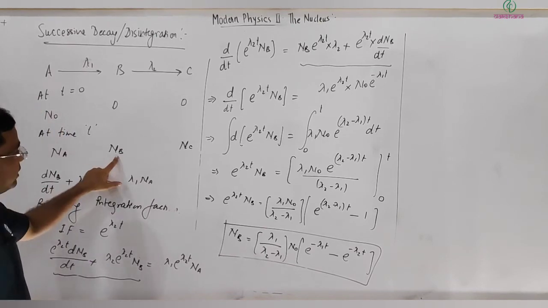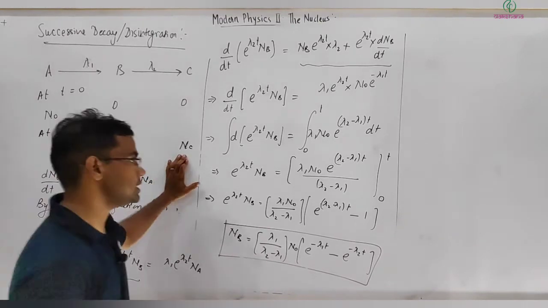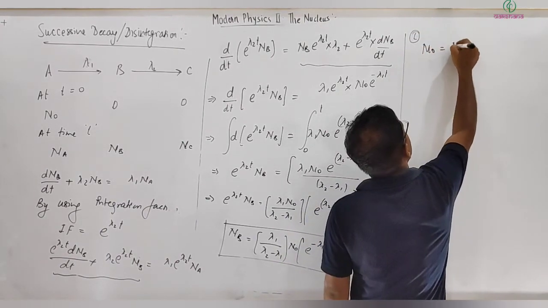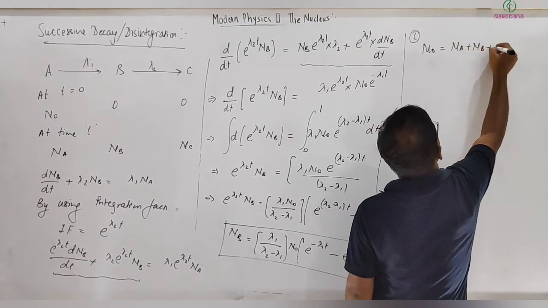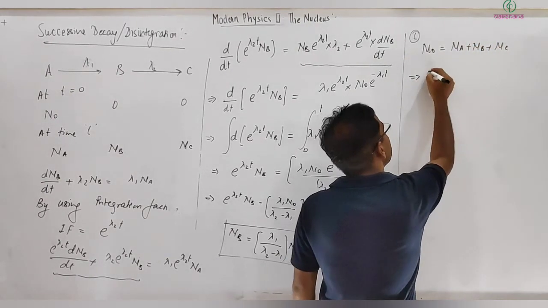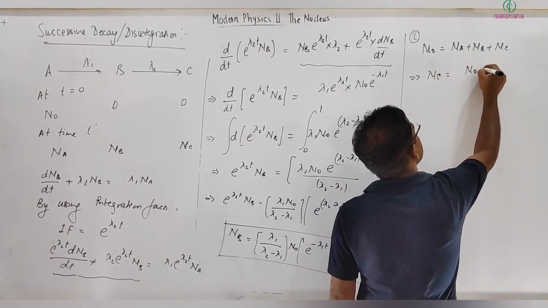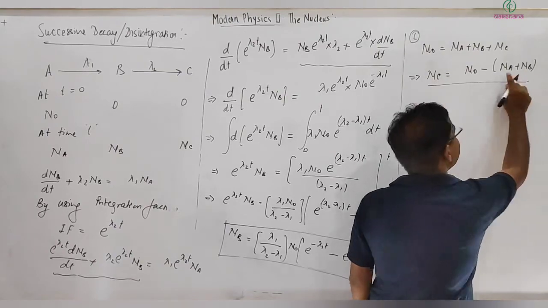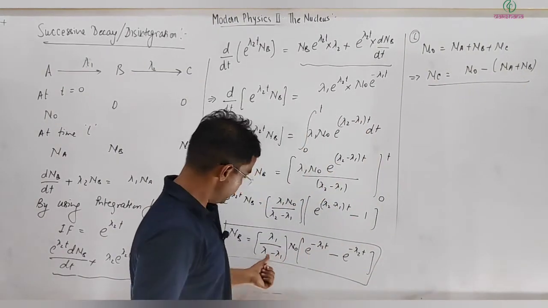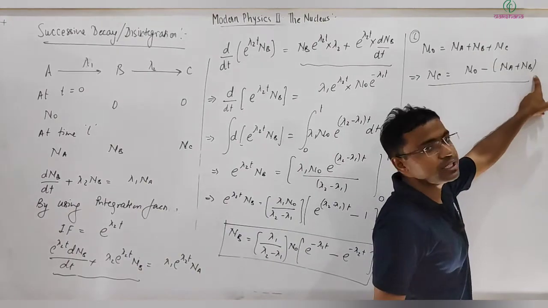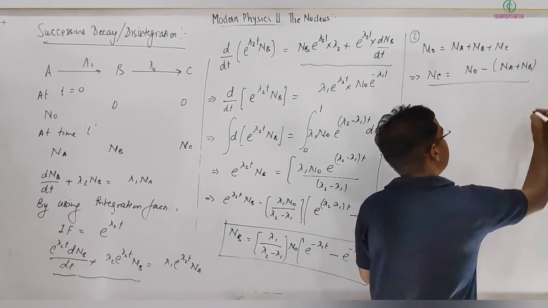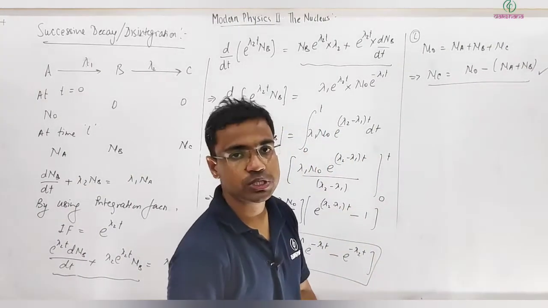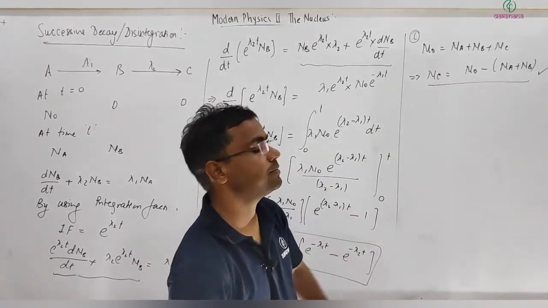I know NA, I got NB, then I can get the relation for C. So one way is, I can write N naught is equal to NA plus NB plus NC, and this implies NC is equal to N naught minus (NA plus NB). NA I got already, NB I have. Substituting it here and simplifying, you will get the number of nuclei of C at any time. The relation will be a little bit lengthy, yes, you need to substitute those things and you will get the expression for NC.